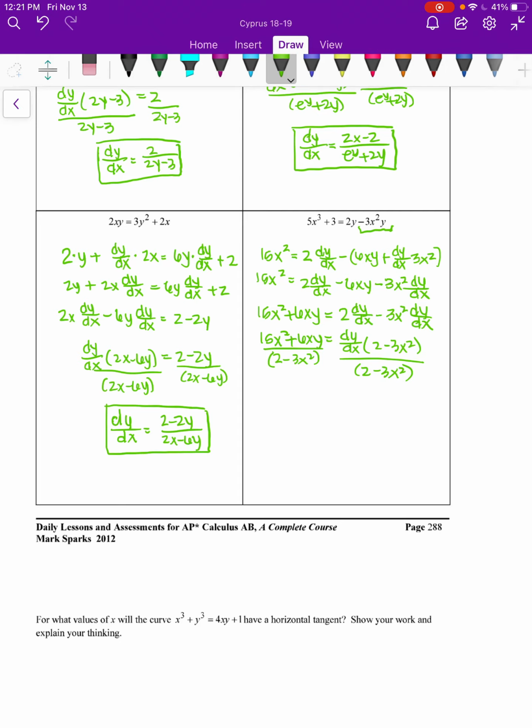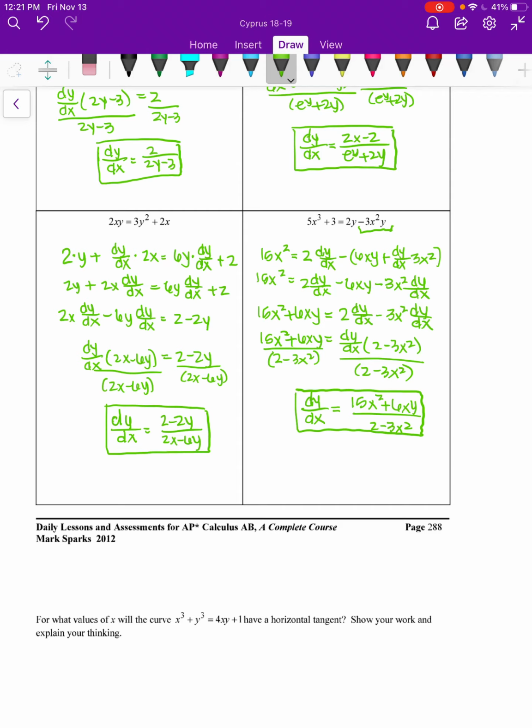So our final answer, and I'm going to switch it around so dy/dx is on the left, is equal to 15x squared plus 6xy divided by 2 minus 3x squared. And that's our final answer.